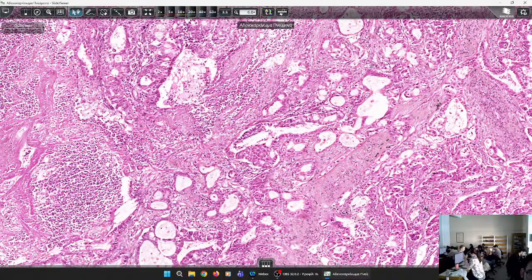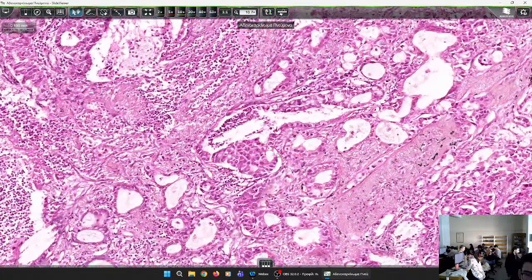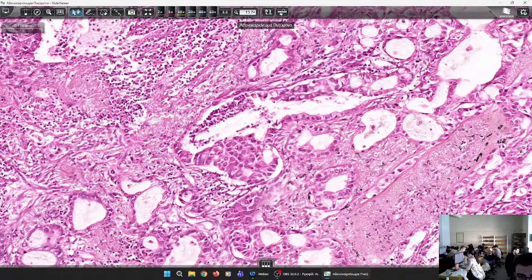These are malignant appearing structures having atypia as regards the nuclei of the cells. They have invasion because these structures are foreign to the normal lung parenchyma, and they are dispersed throughout the lung parenchyma. So there is evidence of invasion, there is evidence of atypia, so we have possibly a malignant neoplasm.